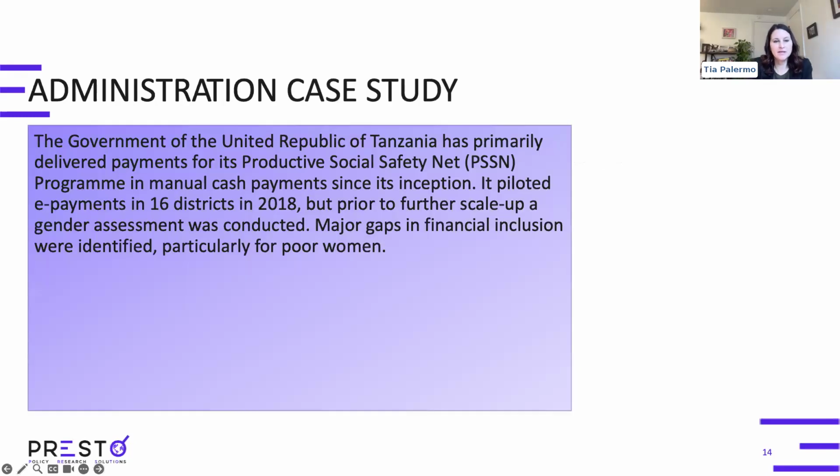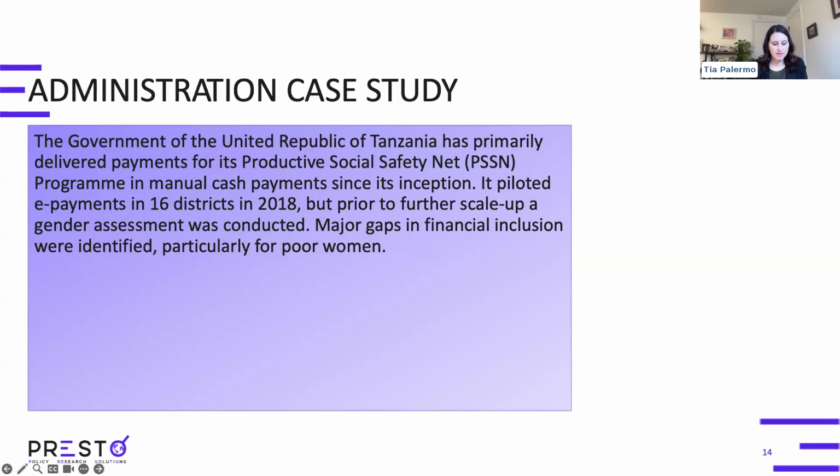In a case study, the government of the United Republic of Tanzania had primarily delivered payments for its productive social safety net program in manual cash since its inception. In 2018, it piloted e-payments in 16 different districts, but prior to further scale up of e-payments, a gender assessment was conducted, which identified major gaps in financial inclusion.